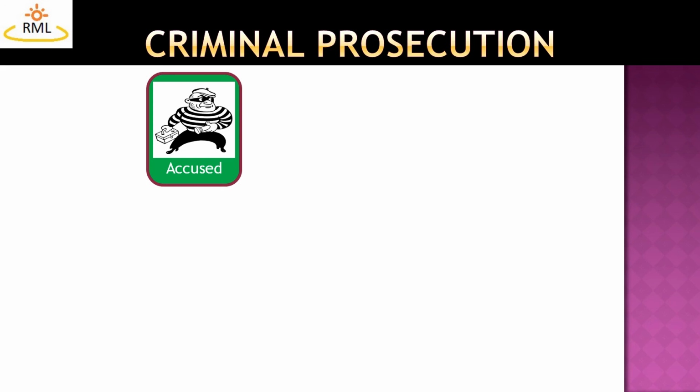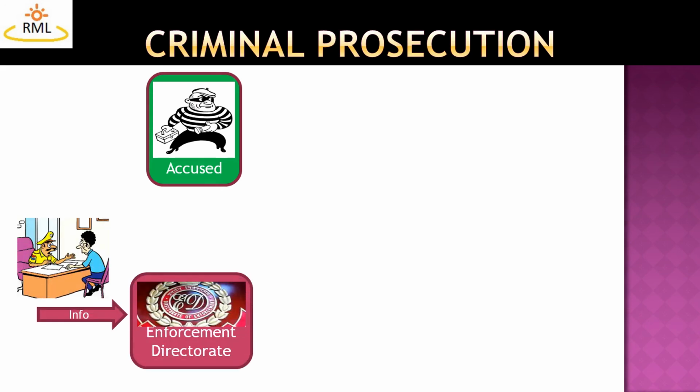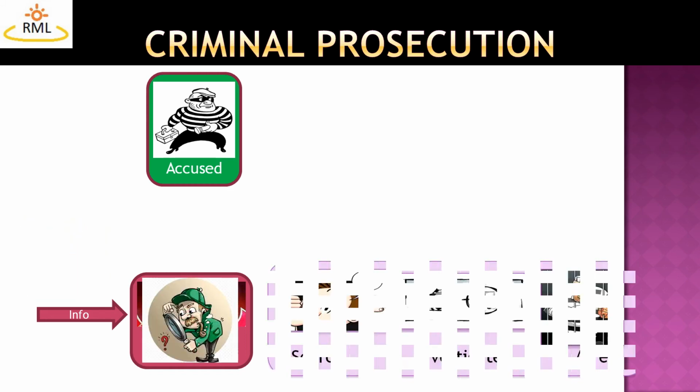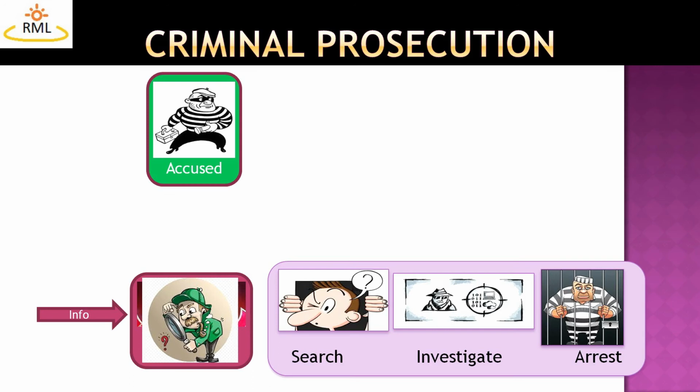Now let us see how the criminal trial takes place under PMLA. As soon as ED receives information about the scheduled offence under the Act, it usually puts it in the form of an Enforcement Case Information Report, or ECIR as it is called. ED then starts investigation. During investigation, it has all the powers that a police officer has while investigating any case.